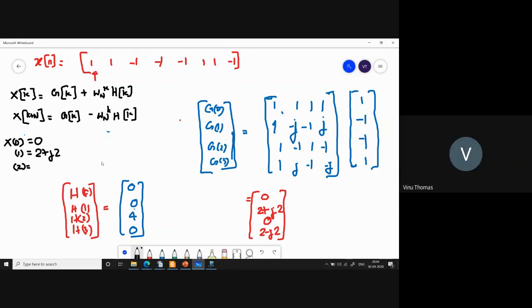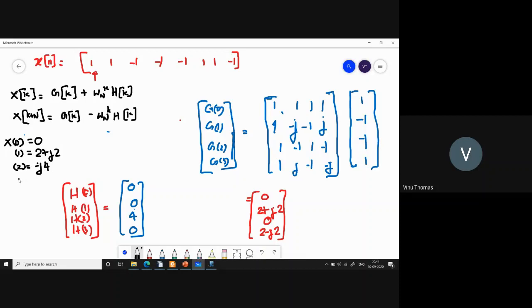W8 raised to 2 is e raised to minus j2 pi by 8, the whole square. So that is e raised to minus j4 pi by 8, or e raised to minus j pi by 2, which is equal to minus j. So minus j into 4, right? X of 2 is minus j4.